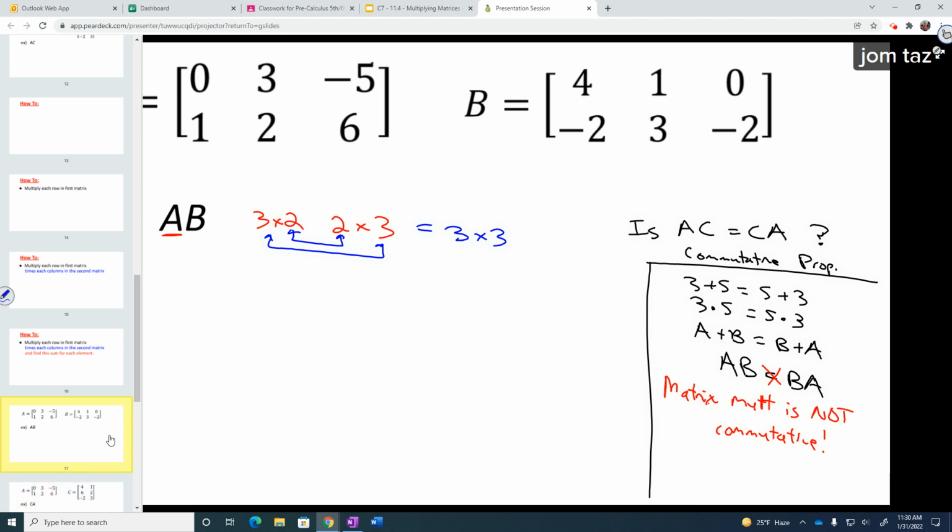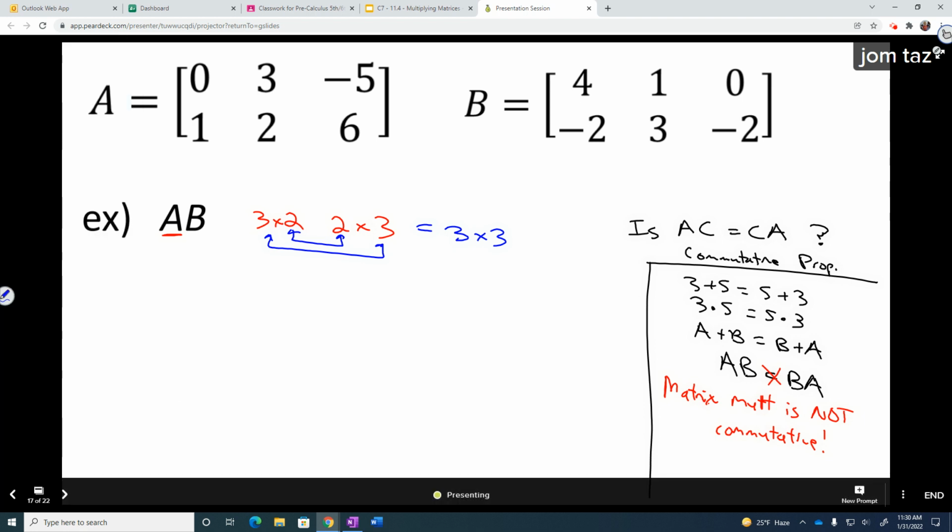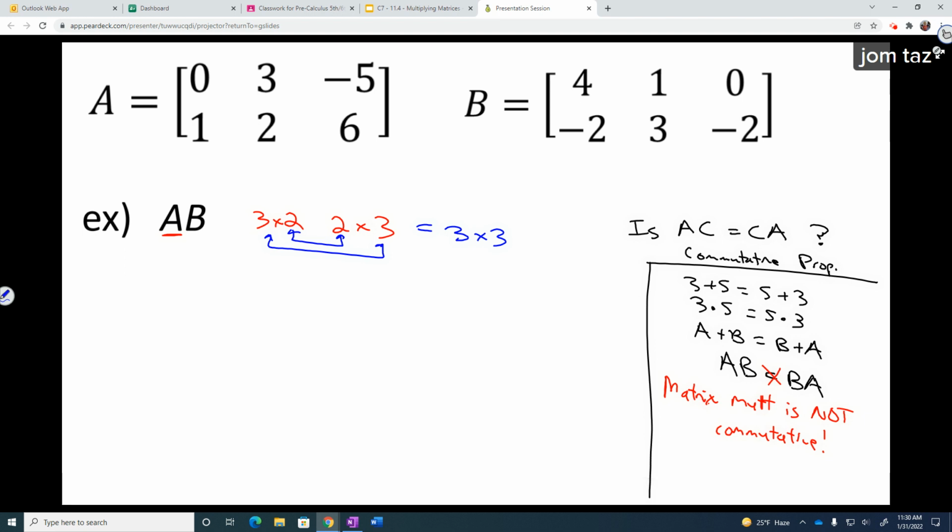So how can it be the same matrix? It won't always be that case, but you won't get the same answer. And again, this one is easily proved because you don't even get the same matrix dimensions. So there's no way that we could get the same answer. Okay. So let's go ahead and do it and see how the answer is different.